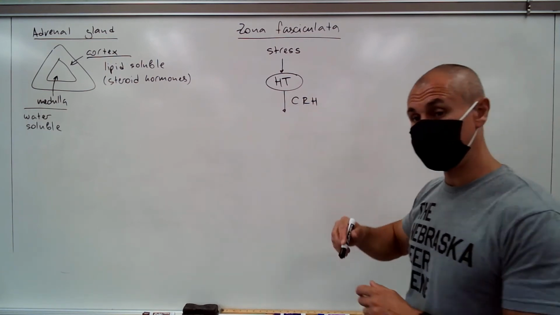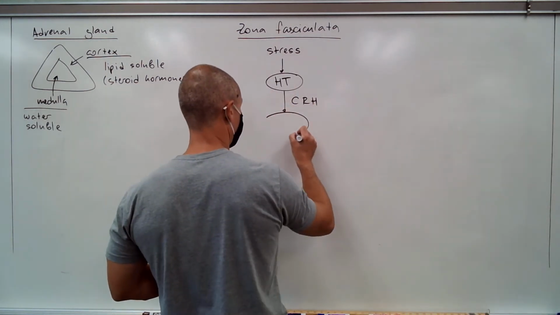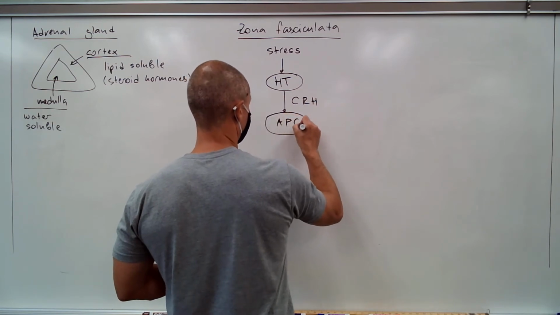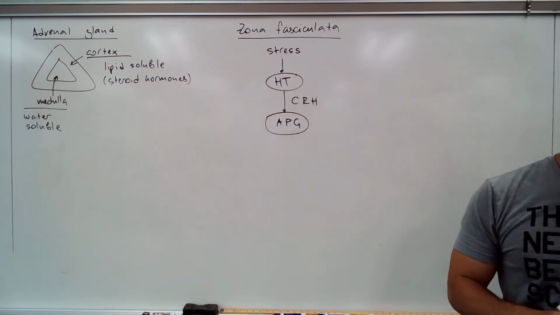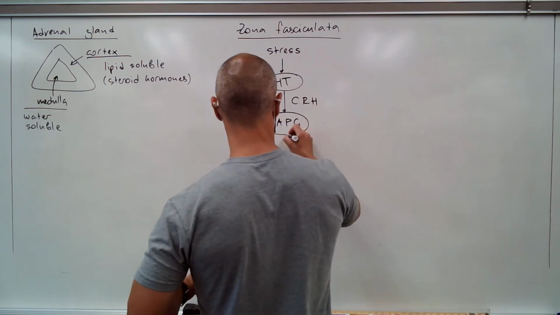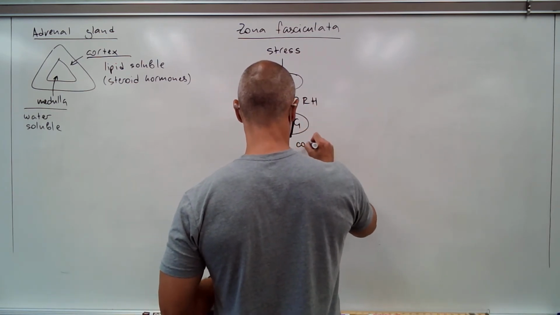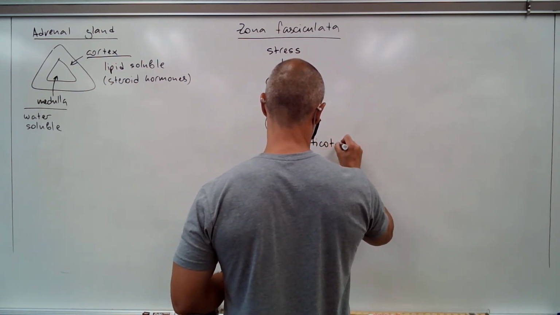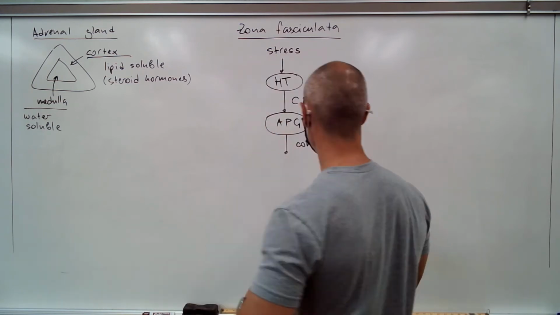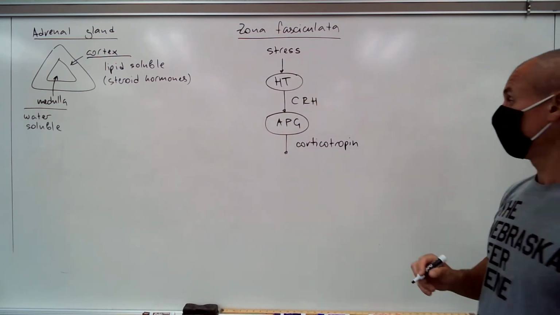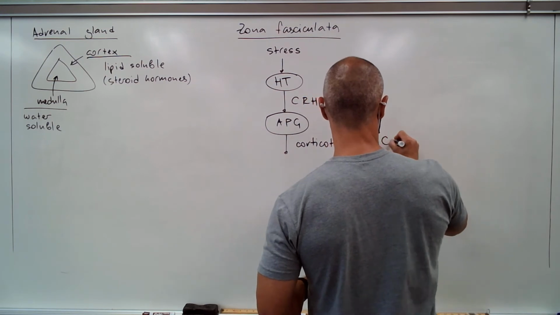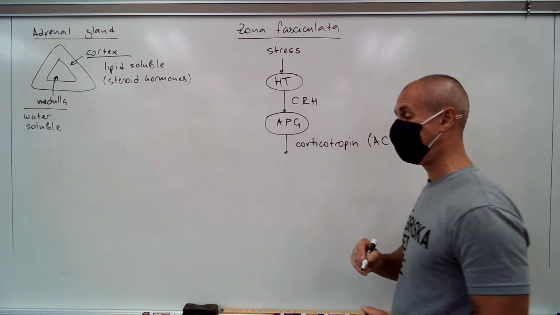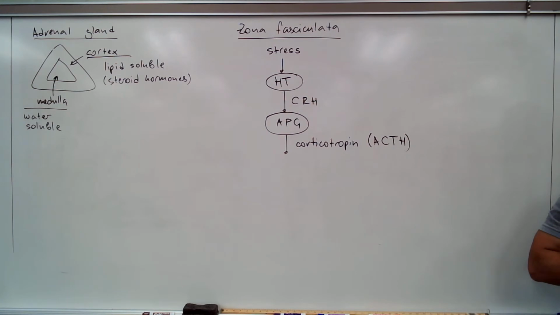Now, corticotropin releasing hormone acts on anterior pituitary, which produces corticotropin, which bears another name actually, adrenocorticotropic hormone, or ACTH. Okay? So far so good?